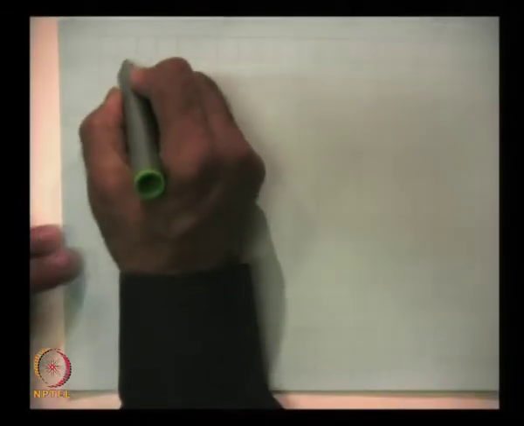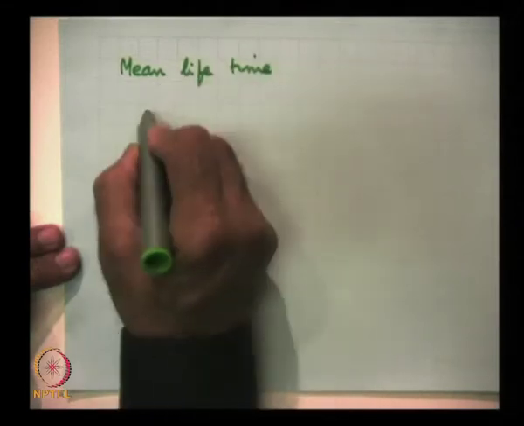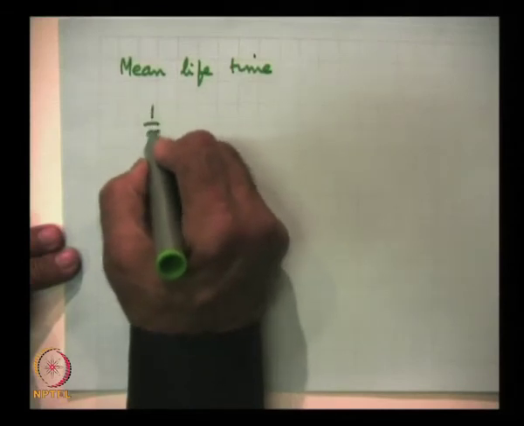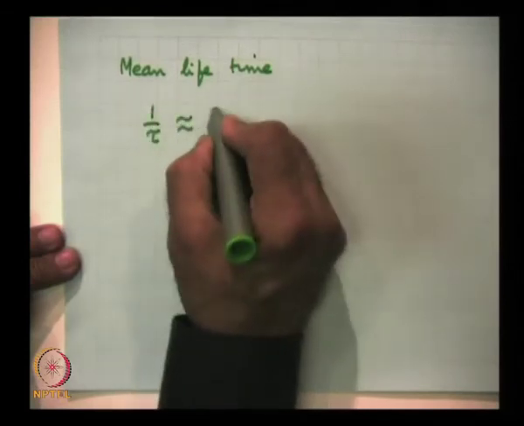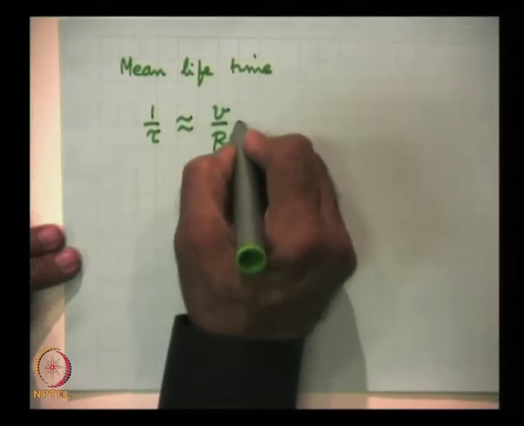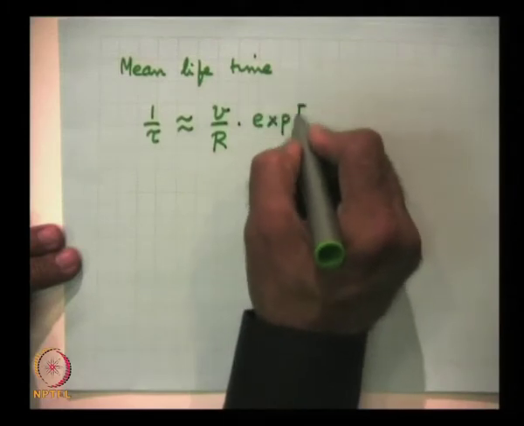So the mean lifetime is given by 1 over tau equal to V by R into exponential minus 2g.